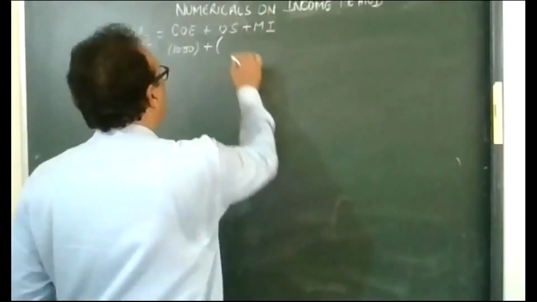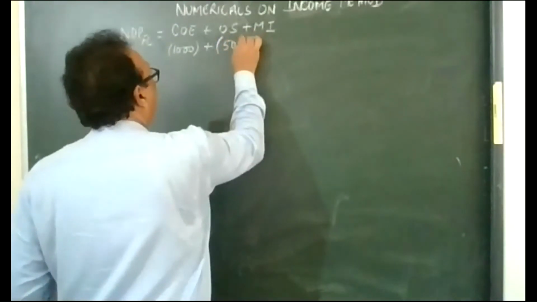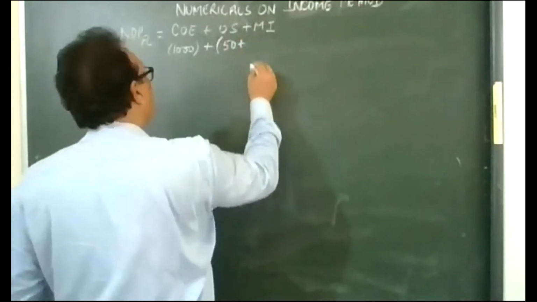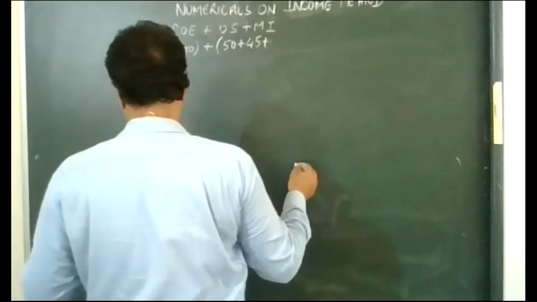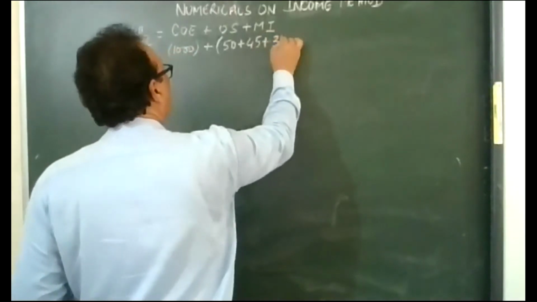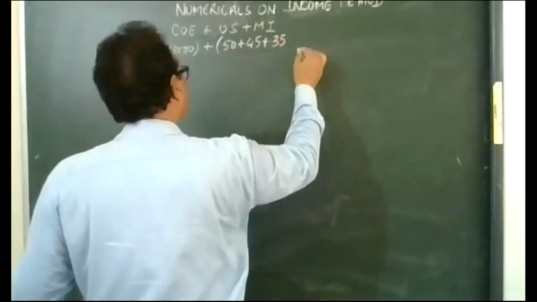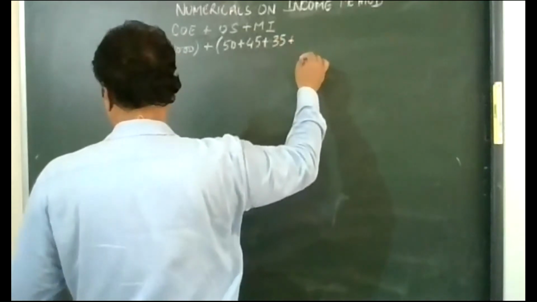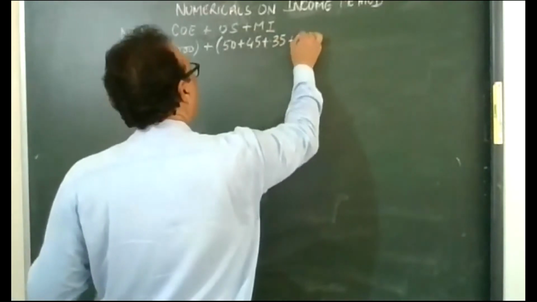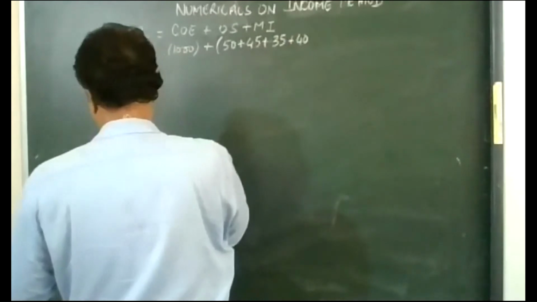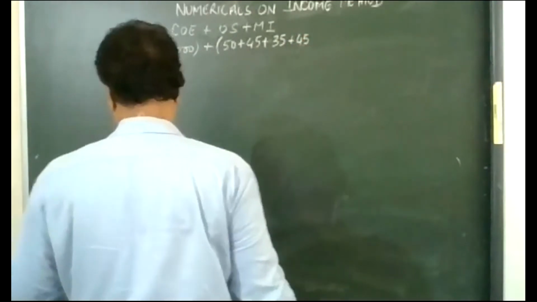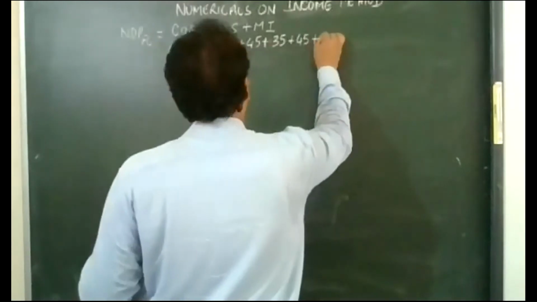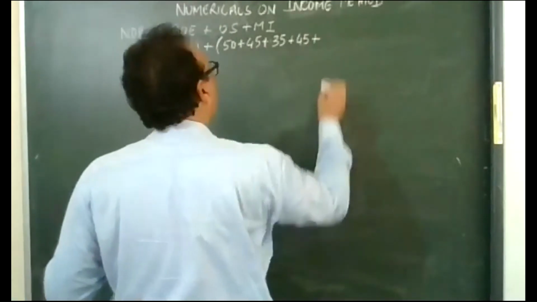So we will take rent 50 plus interest 45 plus undistributed profits 35 plus dividends 45 plus corporate tax 25.